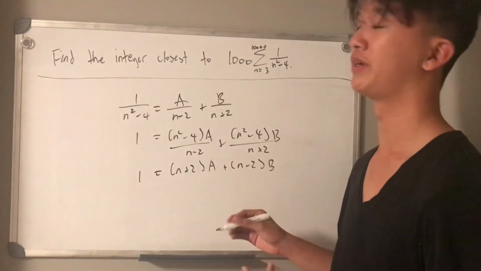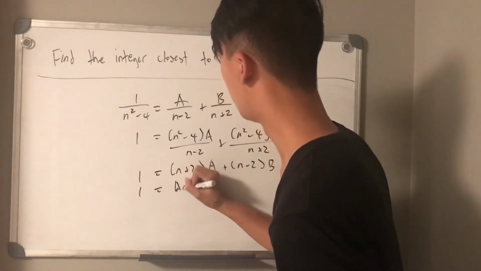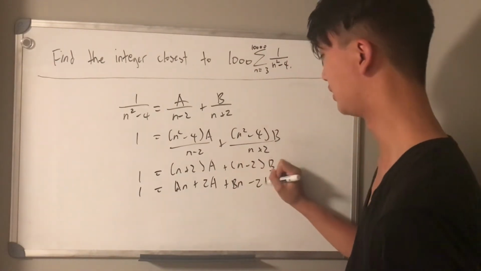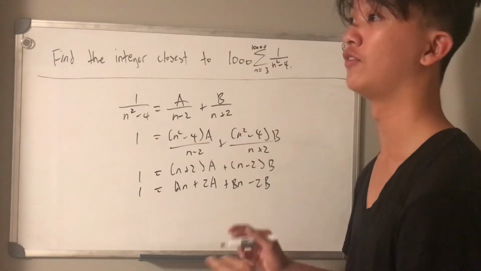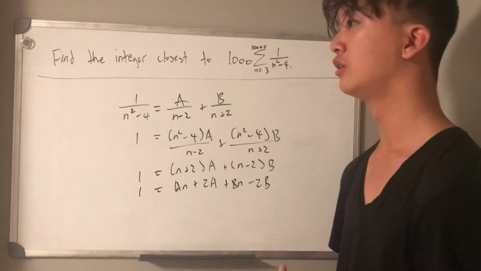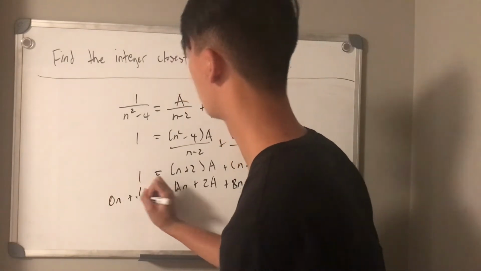And then we can use distributive property to expand. And so we have 1 is equal to an plus 2a plus bn minus 2b. And then we can do something called matching coefficients. So this equation is always true regardless of the value of n. So we can rewrite this left-hand side as 0n plus 1.